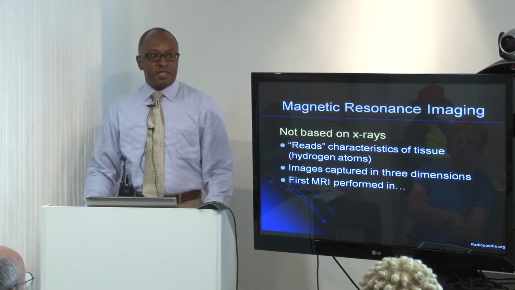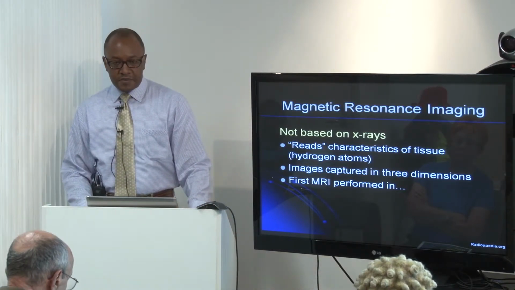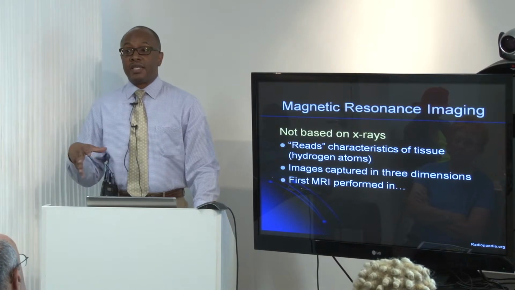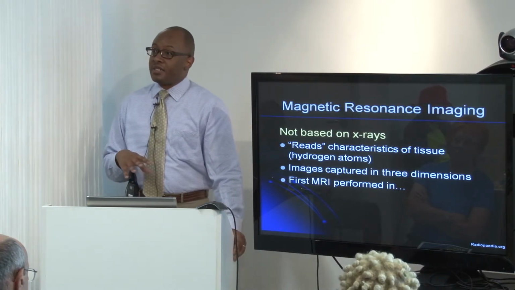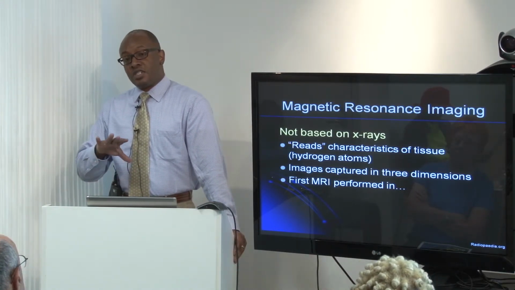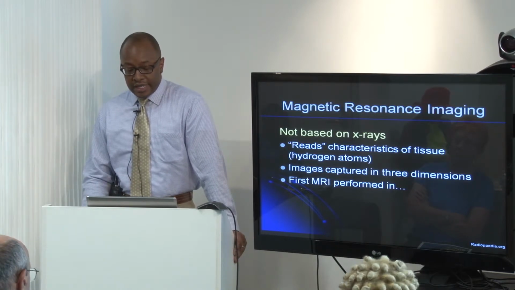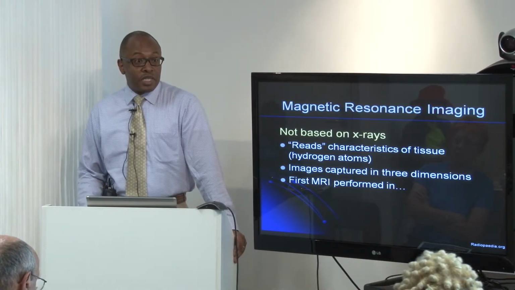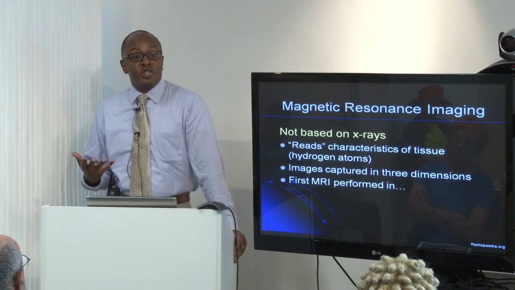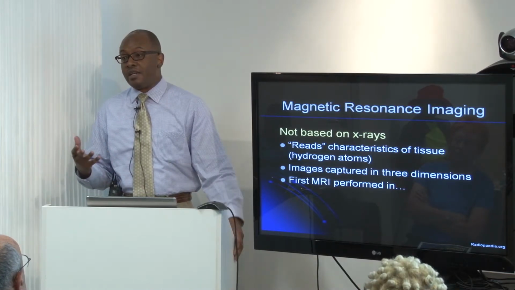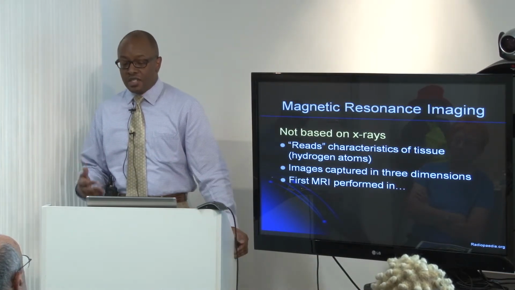So MRI stands for magnetic resonance imaging, and it's important that you realize it's not based on X-ray technology. MRI is a technology all to its own, and that's somewhat important because it doesn't require exposure to ionizing radiation, which is the kind of radioactivity or radiation that we worry about.